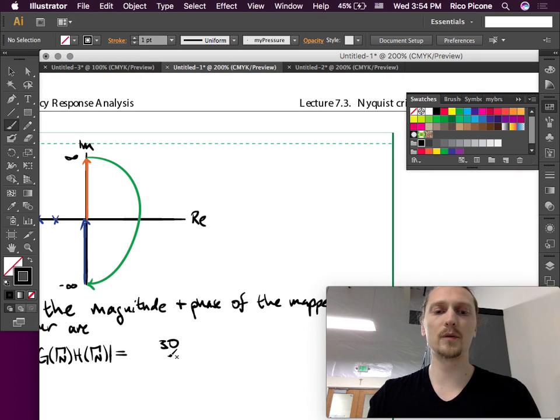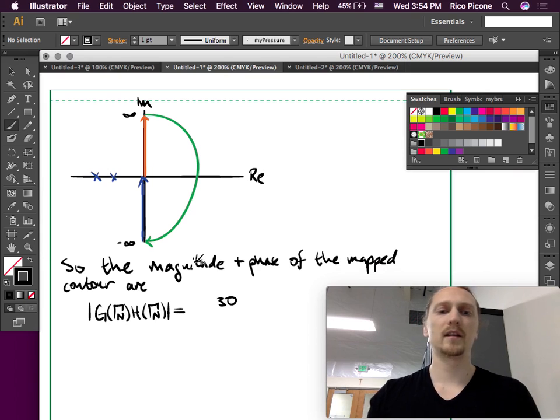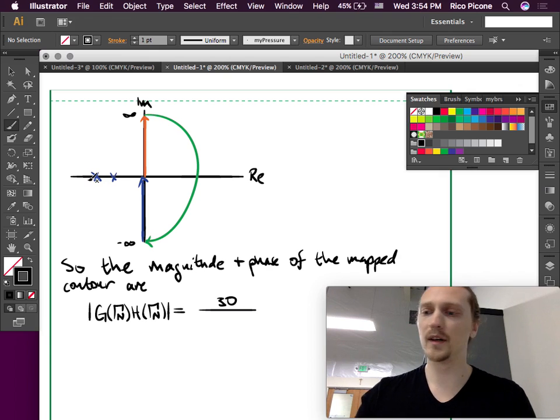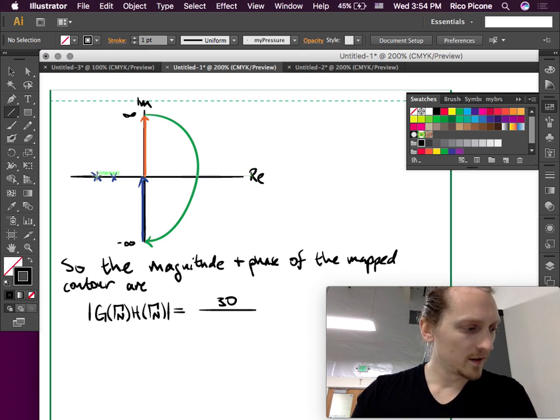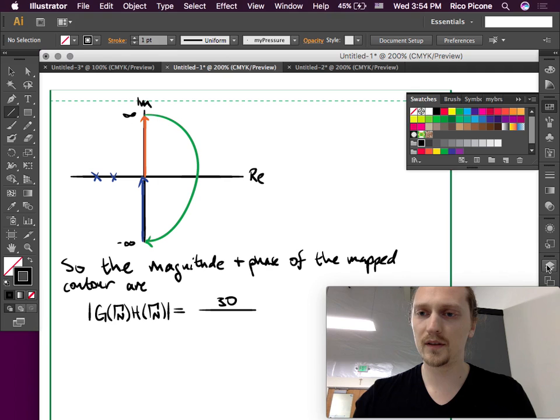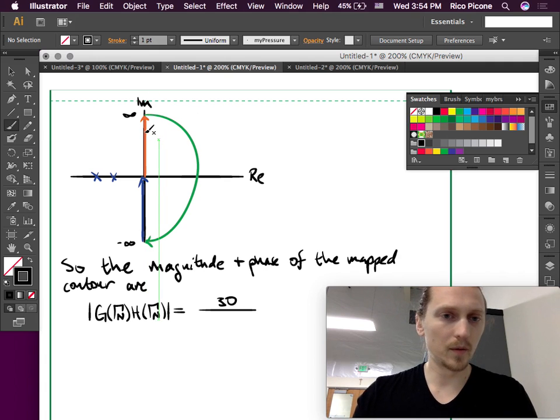And there's no zeros, right? But there are two poles. So we're going to write our sort of vector geometric one. Let's look at some point here. I'm going to label a point like right here.